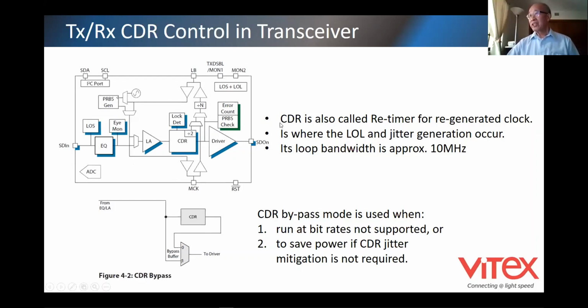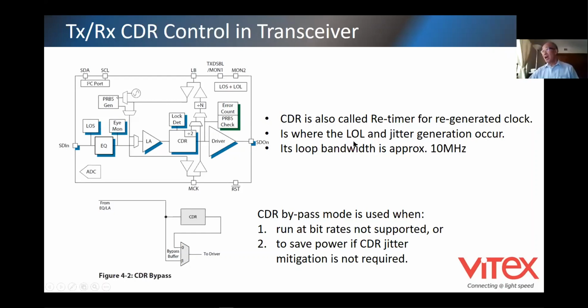One highlight is that the CDR bandwidth is very important. Roughly the loop bandwidth is about 10 megahertz to keep it locked and keep jitter at an acceptable level. CDR is basically what people also call a retimer, and it is where the loss of lock and jitter generation occurs.